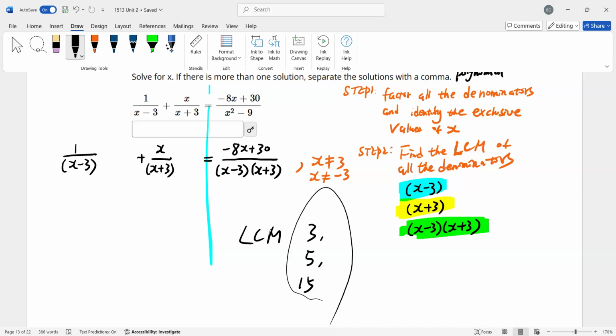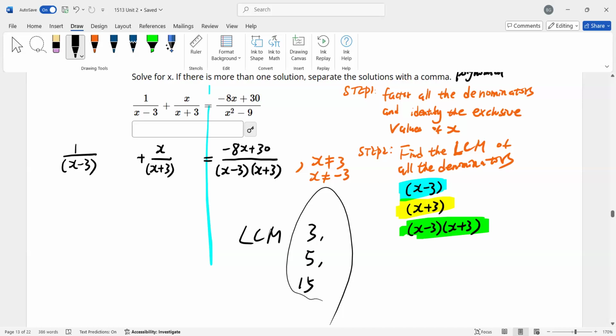Yes, correct, exactly. Max, awesome, very good. This one is kind of special because 3 happens to be a factor of 15, and 5 is also a factor of 15. 3 times 5 is 15, and 15 is the smallest multiple of itself, and also a multiple of the other 2. So that makes 15 the smallest common multiple.